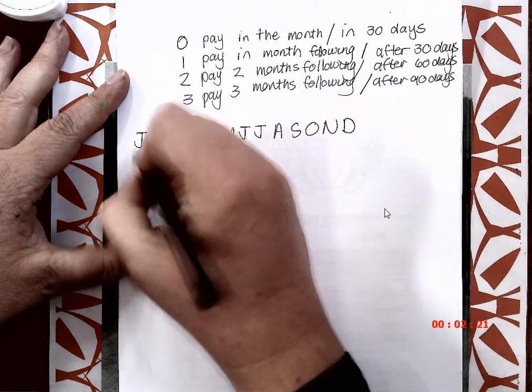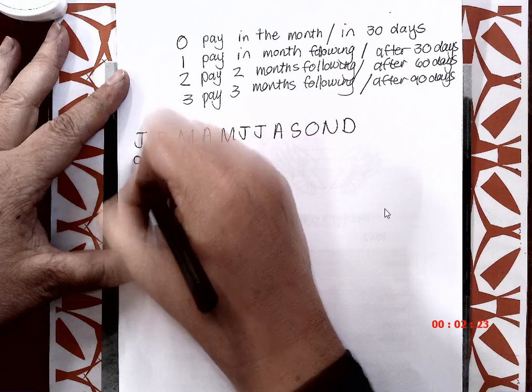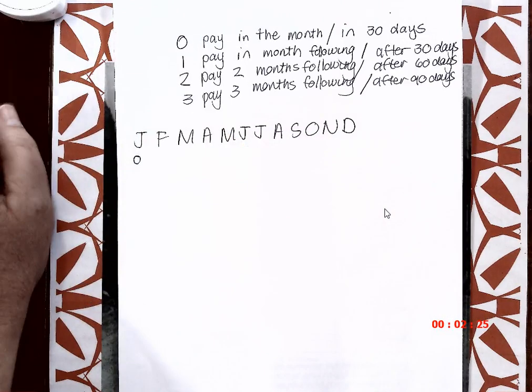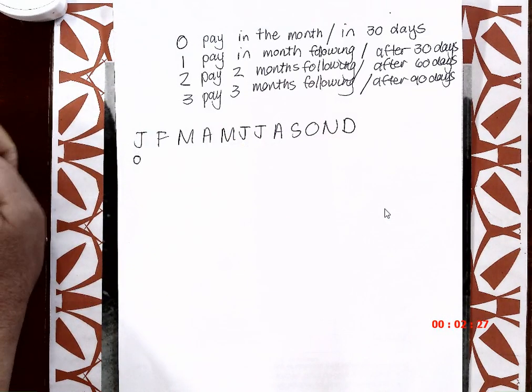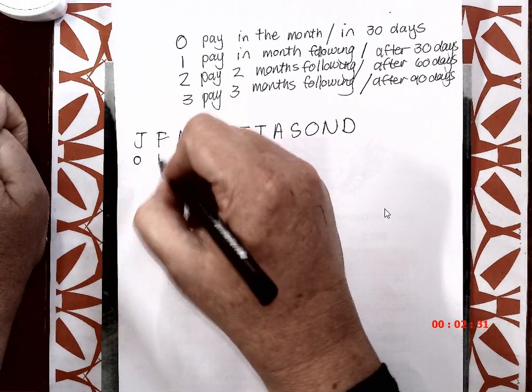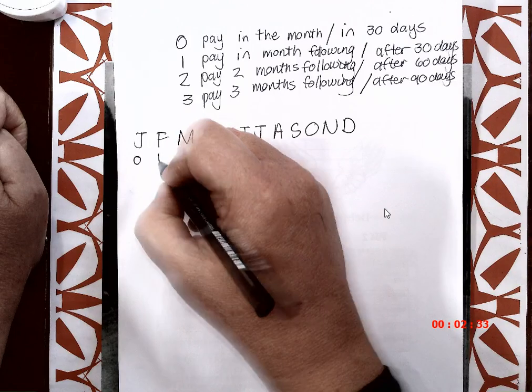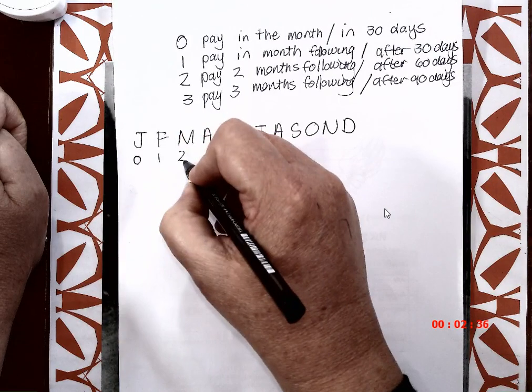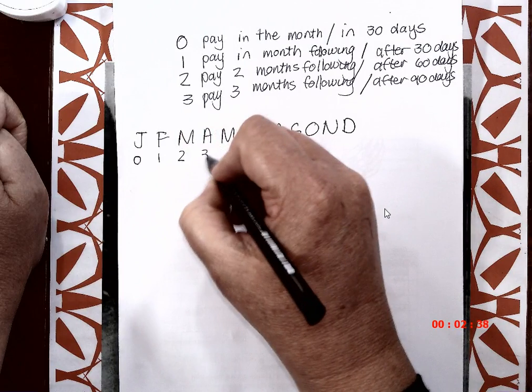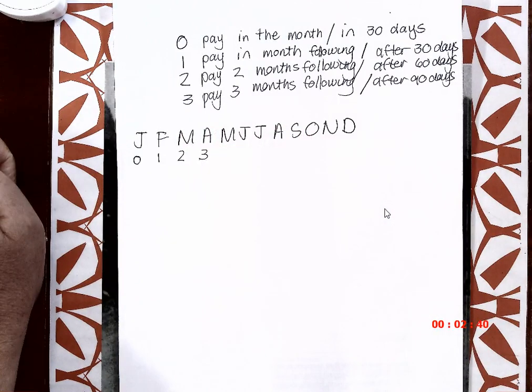If January is the month of the transaction, in other words, the month the debtors bought the goods, can you see February is the month following? March is 2 months following. April is 3 months following. Can you see that?